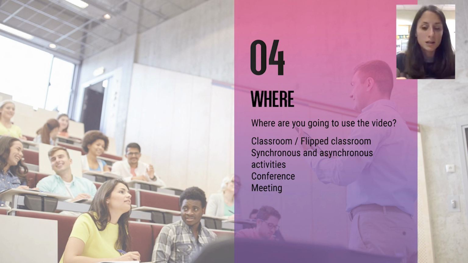So maybe the goal of my video is to make students watch the video before the classroom, and then we can discuss it in classroom. So that's the flipped classroom, actually. Or again, synchronous and asynchronous activities, or maybe I need to use my video in a conference or in a meeting. So I need to focus on where I want to use my video.